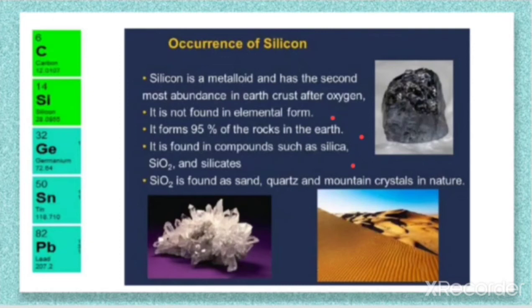It is usually found in the form of silica, SiO2, and it also exists in the form of silicates. Silica is found as sand, quartz and mountain crystals in nature.